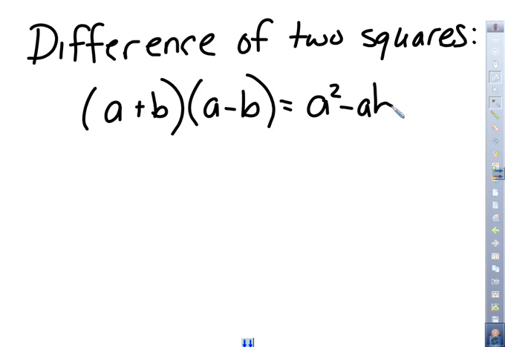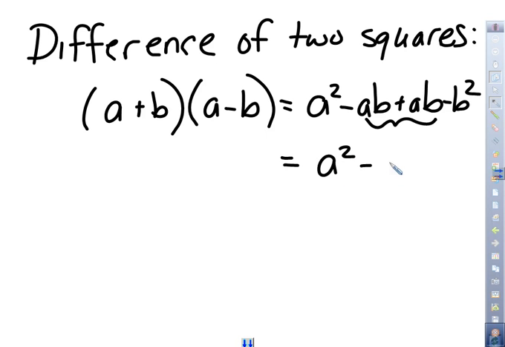Negative ab. When you multiply your inside two terms, what do you get? Positive ab. When you multiply your last two terms together, what do you get? When you combine like terms right here, what happens? Yeah, they cancel out, and your answer is a squared minus b squared.